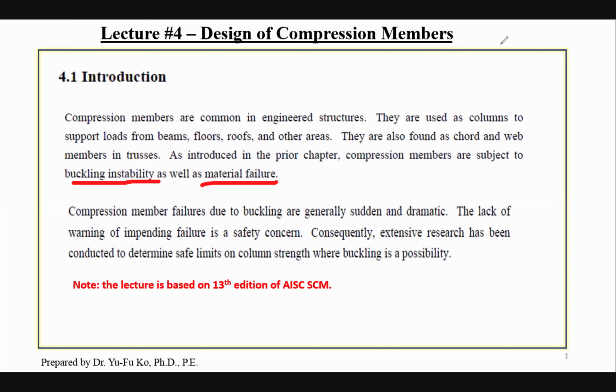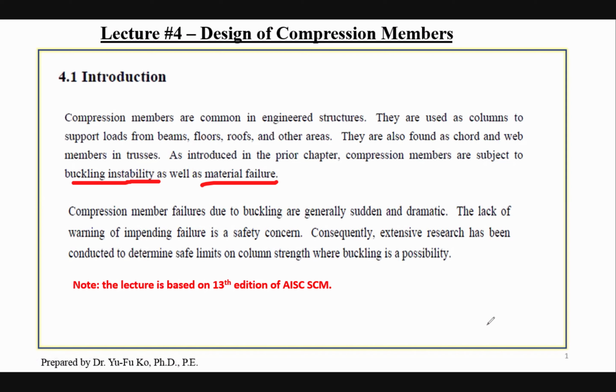I believe in 15th edition they made a modification on the local buckling issue. But for the textbook that we use in the lecture, we'll base on 13th edition. So we'll go over that, make sure you understand the local buckling calculation.